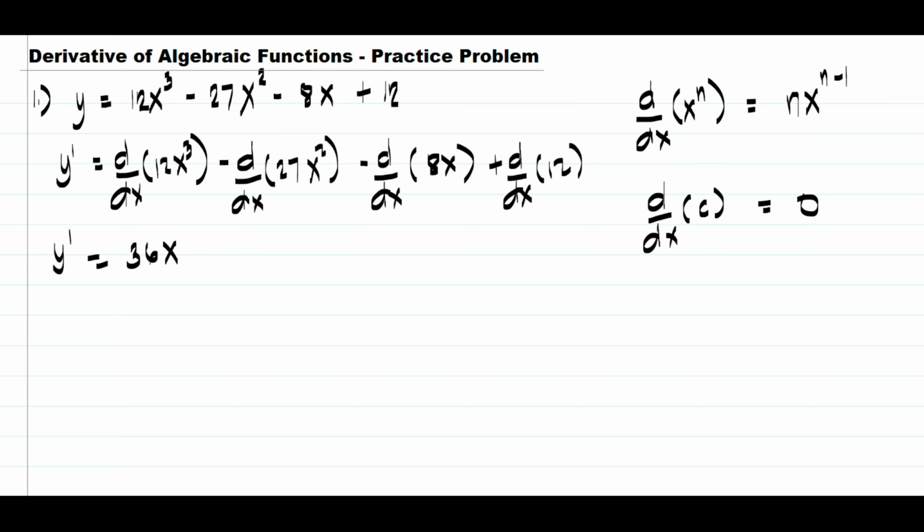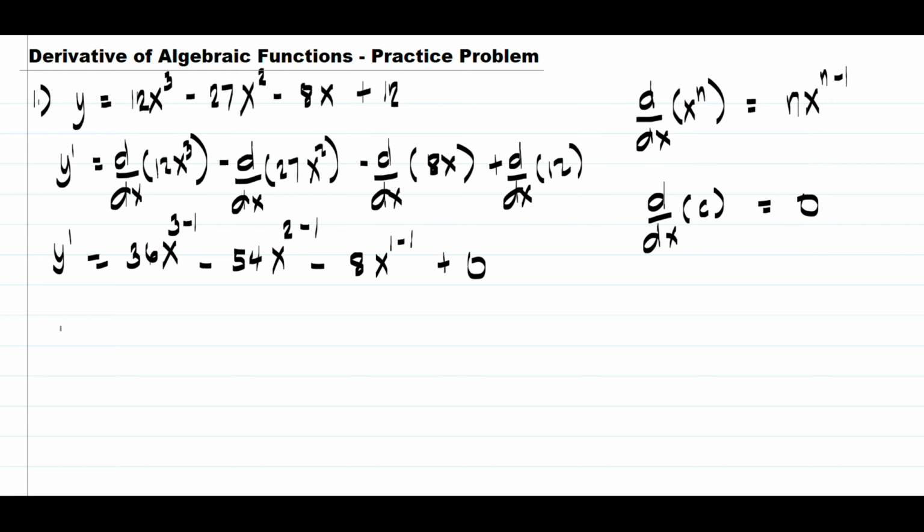To simplify this one, we have y prime equals 12 multiplied by 3, that is 36, x raised to 3 minus 1, minus 27 times 2, that is 54, x raised to 2 minus 1, minus the derivative of 8x, that is 8x raised to 1 minus 1, and the derivative of the constant, that is 0.